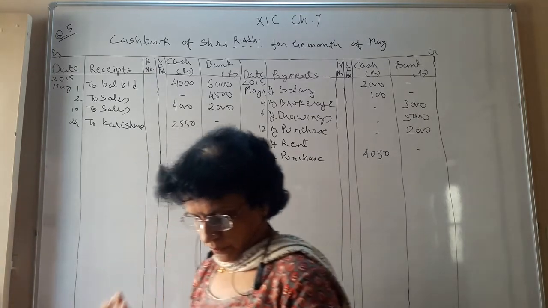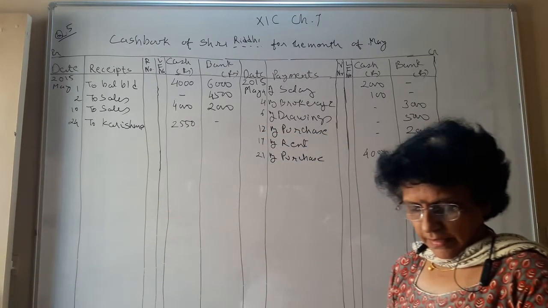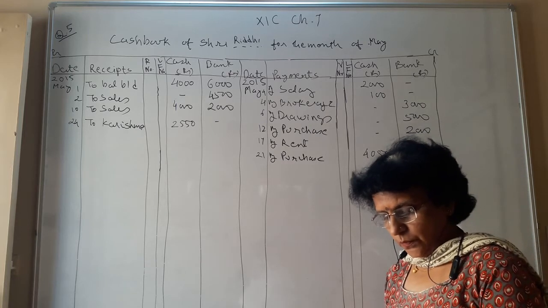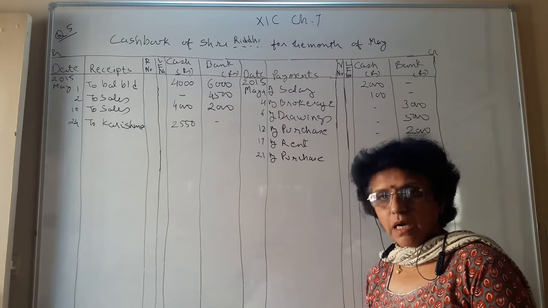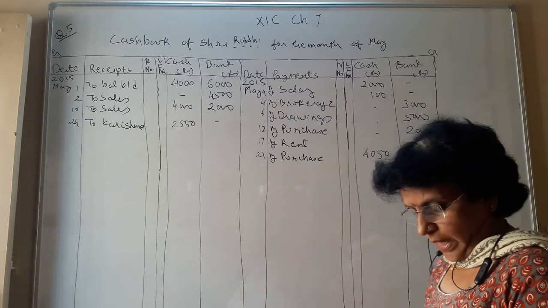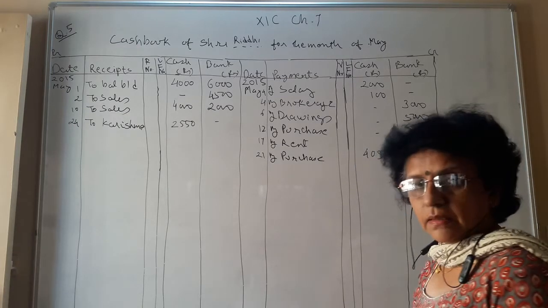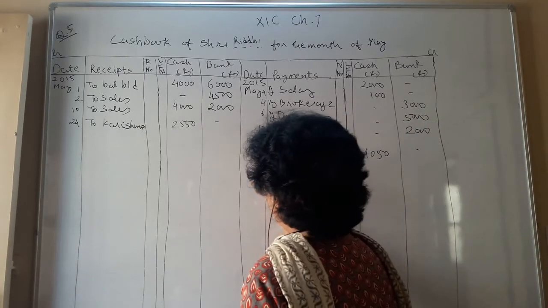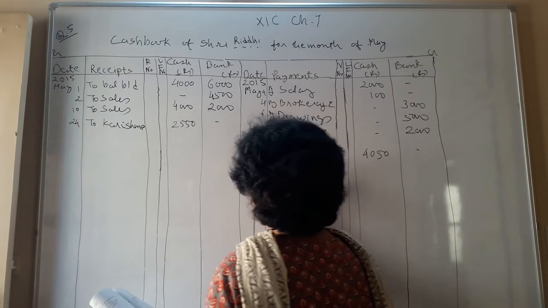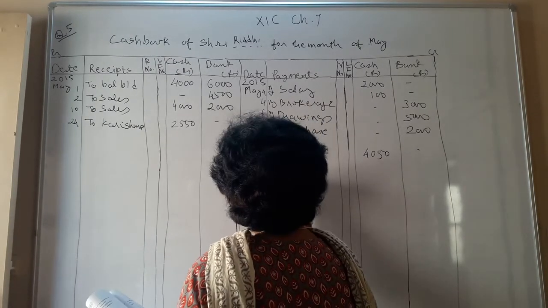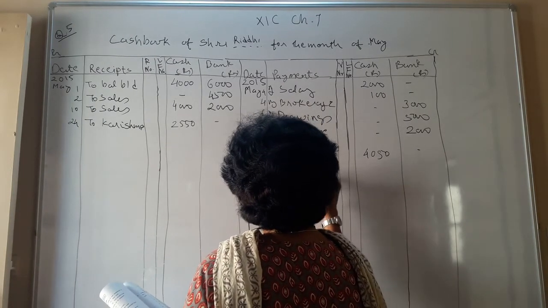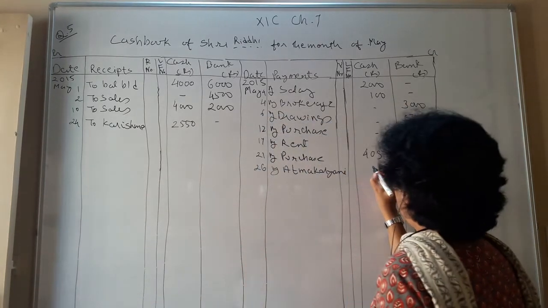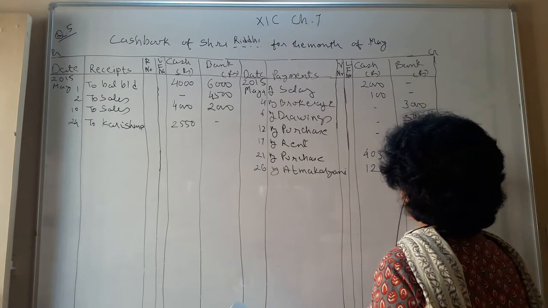Then Atma Kalyani on 22nd has been paid 1,200 towards full settlement of an old account. We are paying to Atma Kalyani, and here nothing is specified, so we have to consider as if we have paid cash. So by Atma Kalyani, 1,200 in the cash column.